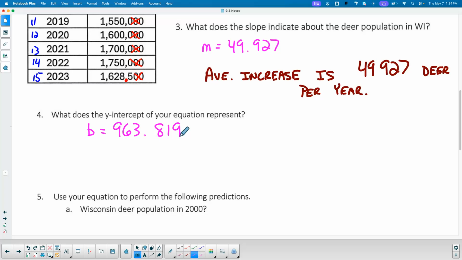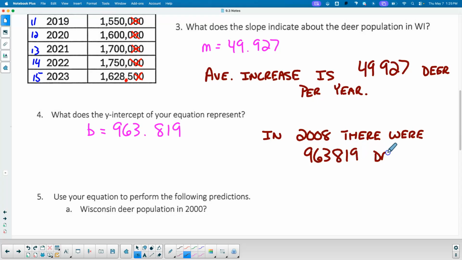Was it 800 or 963? Because remember, we switched it so our data is in the thousands, right? So we have to multiply that by 1,000. So in 2008, there were 963,819 deer in the state.